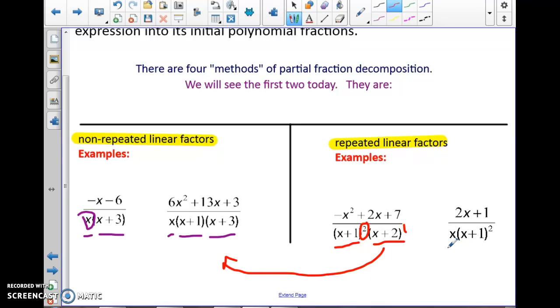The same thing with this example over here. My non-repeated linear factor is just x to the first, and then my repeated linear factor is x plus 1 squared. So we're going to learn procedures on how to break these things apart, or decompose them, into their original fractions that created this one rational expression.